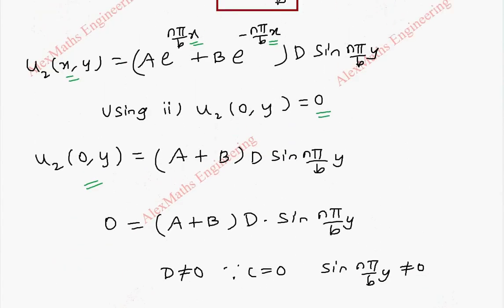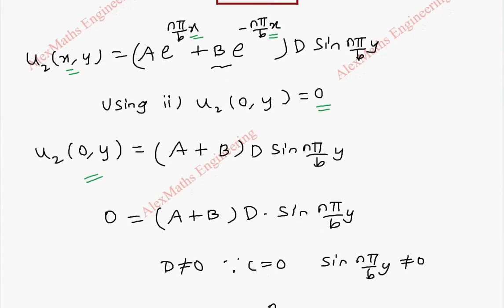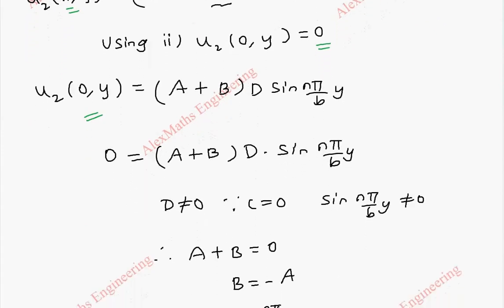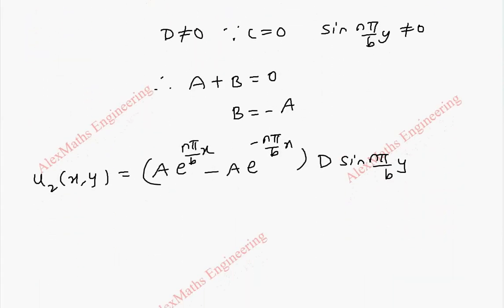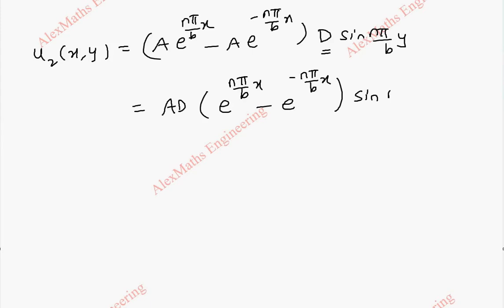So we can check here, we replace this as minus a and the rest of the terms are written as it is. Now a can be taken out and this d can be written next to a, and the remaining is e power n pi by b x minus e power minus n pi by b x, into sin n pi by b y.